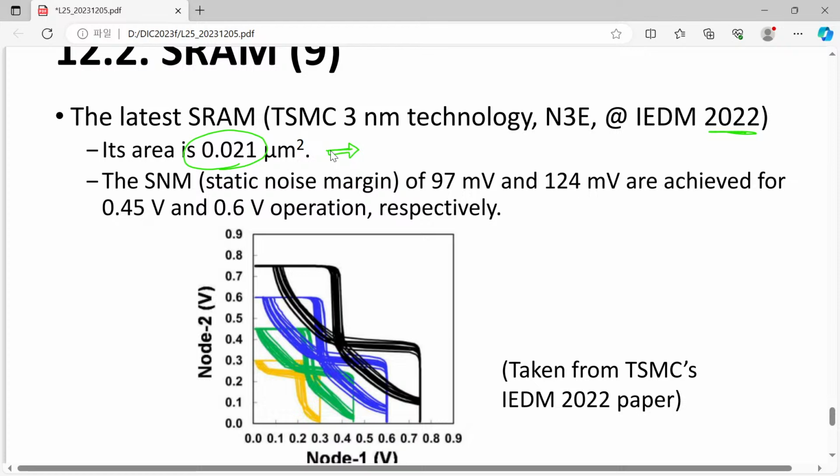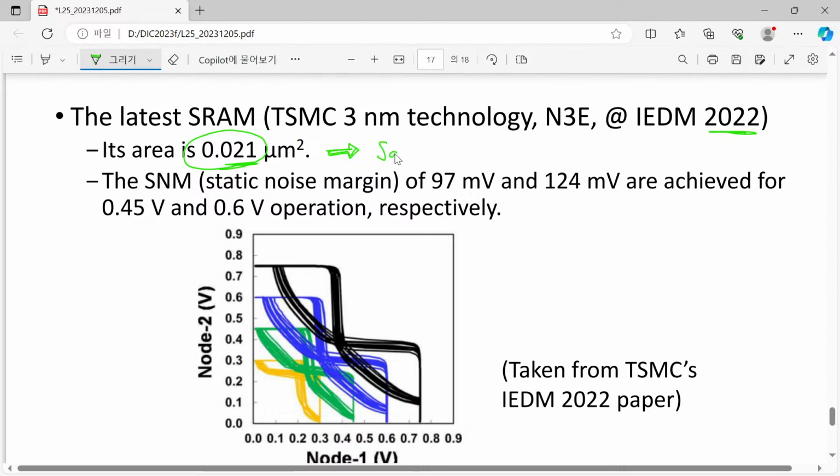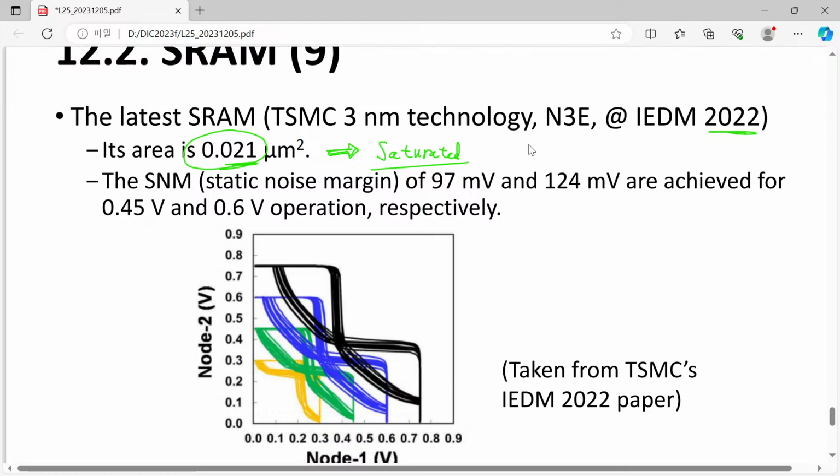Compared with its previous generation, this value is more or less saturated now, and we do not expect a drastic reduction of our SRAM size if we just follow the normal way to scale down our technology.